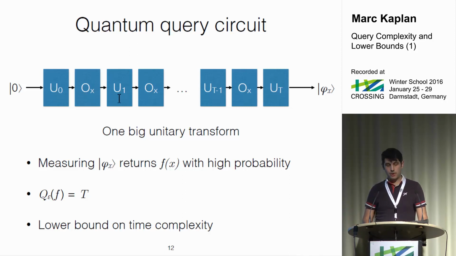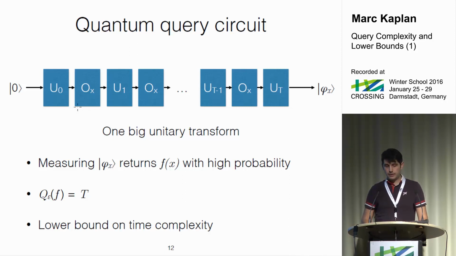And then another unitary, and then O_x again, and so on, until in the end we apply the last unitary, we end up in some state, and at the very end we measure the state. There are a number of things to say here. First, this whole circuit is just one big unitary.